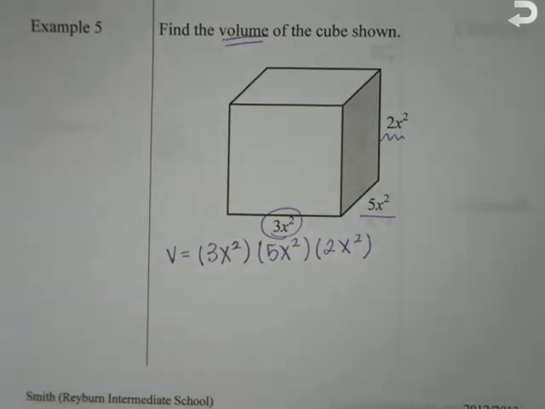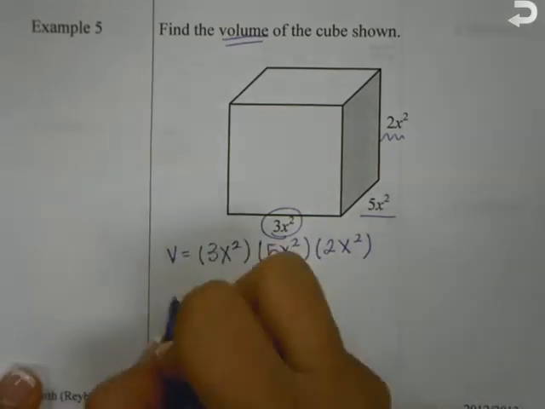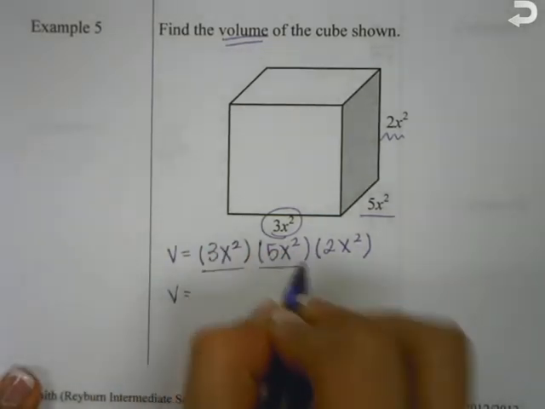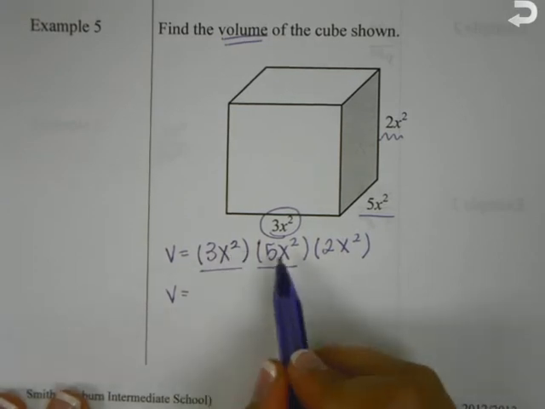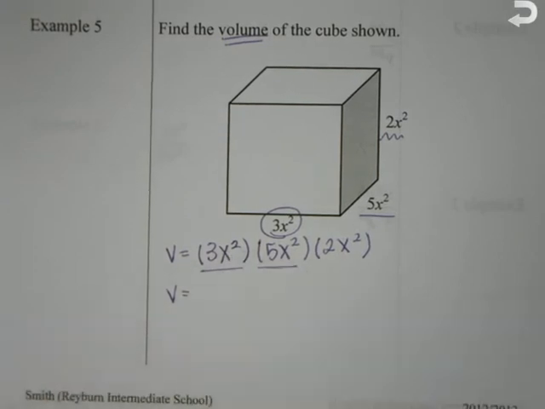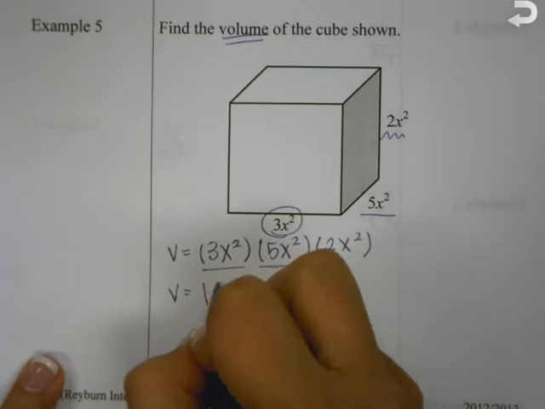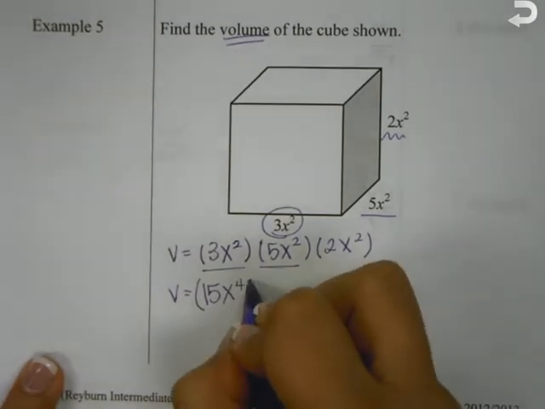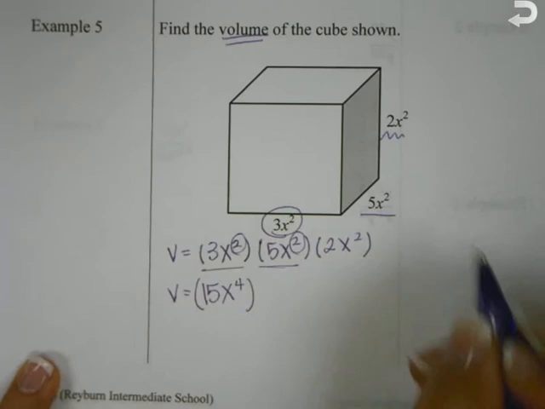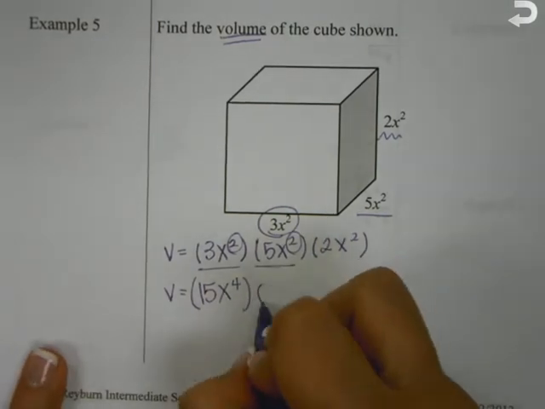Okay. So, let's multiply these two things first. When I multiply 3x squared times 5x squared, what do I get? 15x to the fourth power, because I add those exponents, right? Times 2x squared. Now I need to multiply both of these.